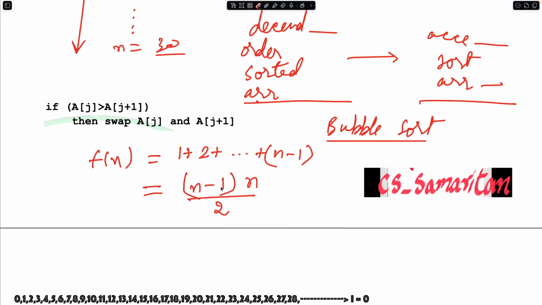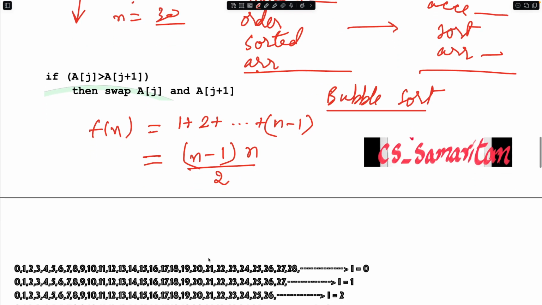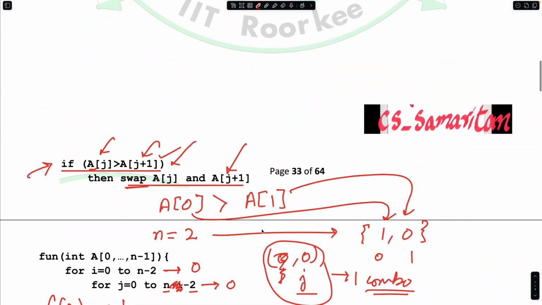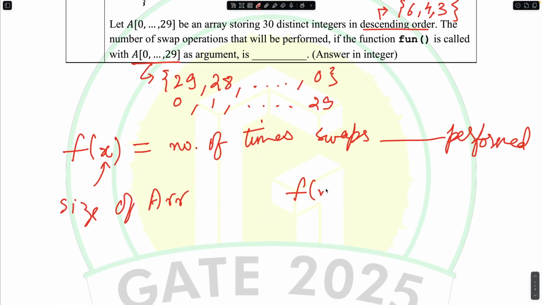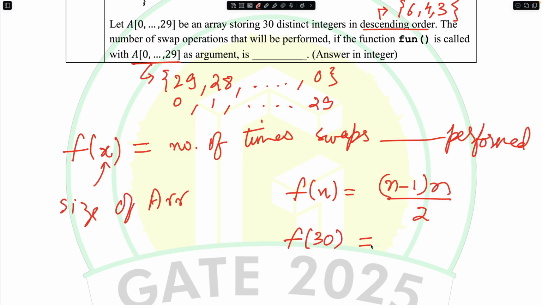Put in the value of 30 into this and you will directly get your answer. I'm going to do this on the first page. f of n is equal to n minus 1 times n by 2. f of 30 is going to give us 29 times 30 by 2. This is going to give us 15 times 29.